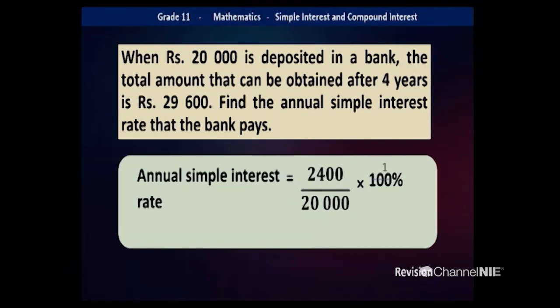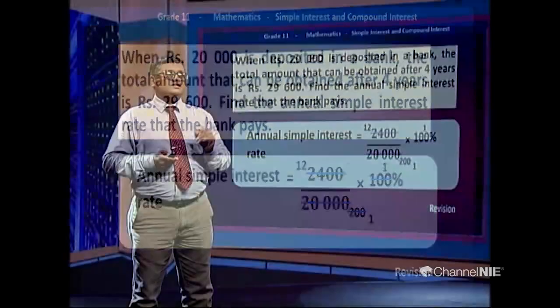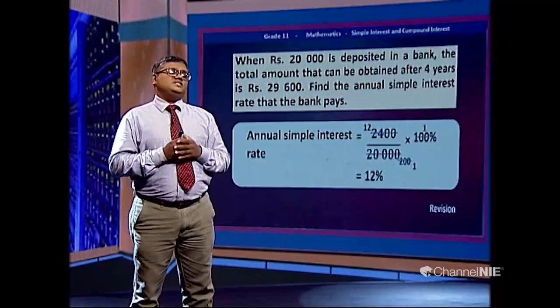Then you can cancel zeros by zeros, double zero, double zero. That is a simple thing. You can simplify these questions in any way you like. You don't have to follow my method. You can use any method to do the simplification. Then the answer is 12%.